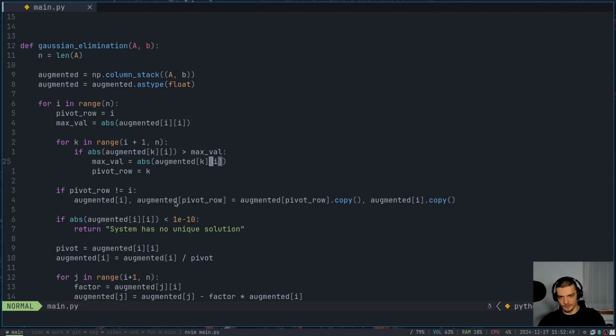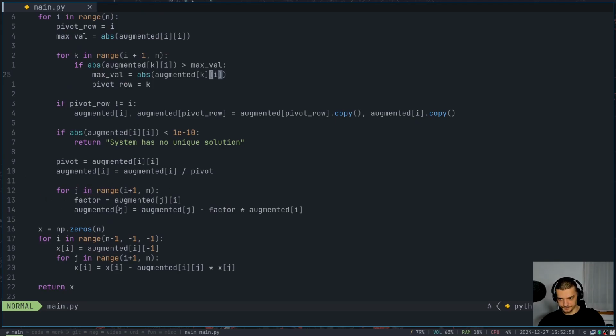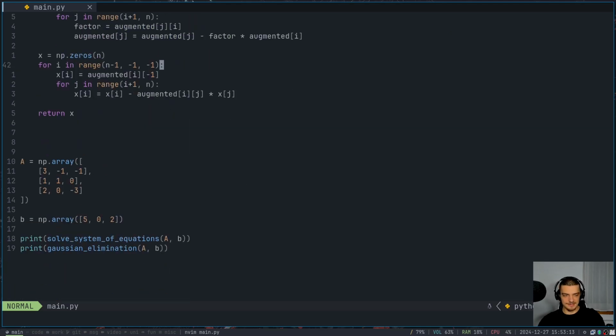And then we subtract from all the rows below this row to make all the values below the pivot element 0. And then we just substitute back in. We take the last value, which is trivial because it's already written there. And then we take the ones above, but we subtract the values that are not 0 in this row. And then we get the solution. That's how simple it is.